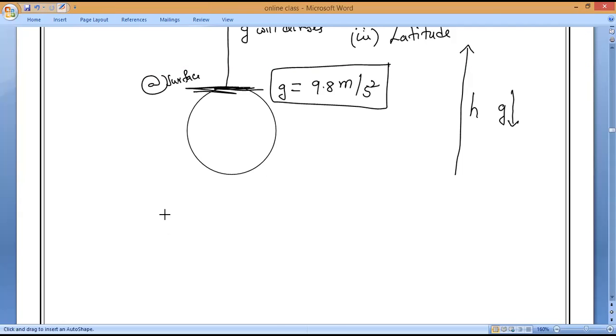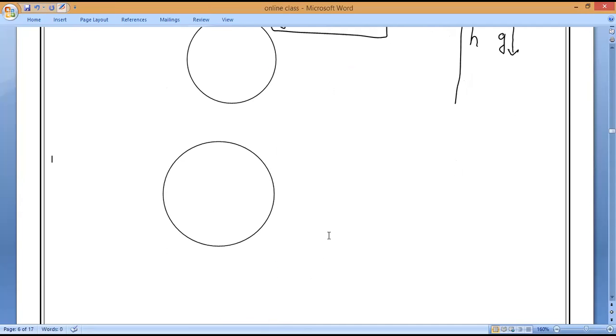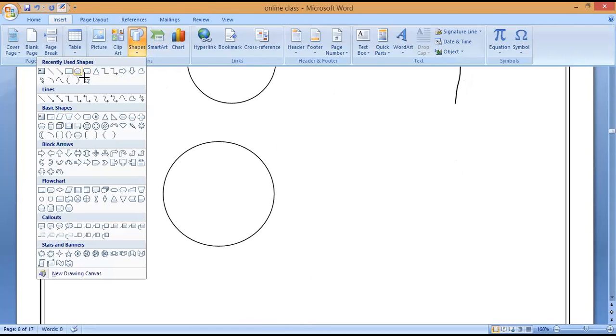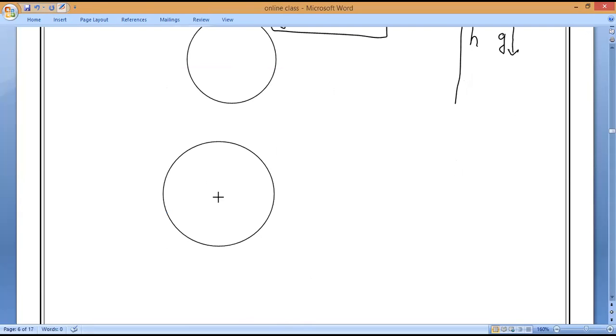Next, the second factor is depth. If I am digging inside the earth, I am moving towards the center of the earth. I taught numericals also.